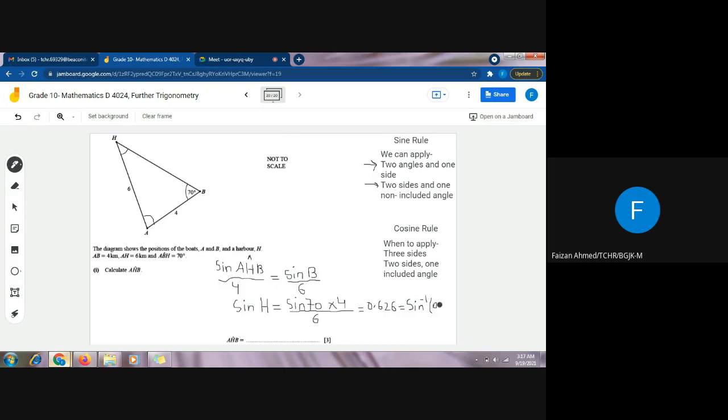Again, I will take the help of the calculator to find the angle. I will put sine inverse of 0.626, or if you want to round it off, you can round it like 0.63. The answer is equal to 38.7.